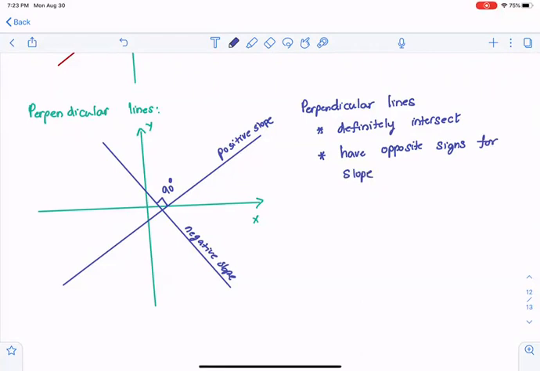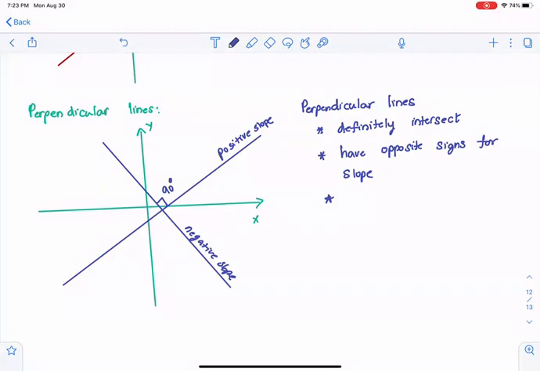So if one line has a slope of +3, the other line would have a slope of -3. It has to. The most, I will take that back. It has to be negative, but not 3.